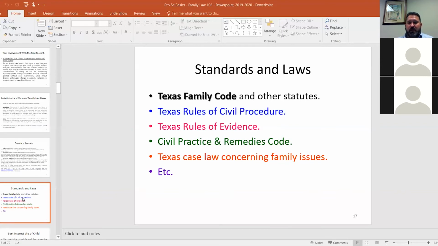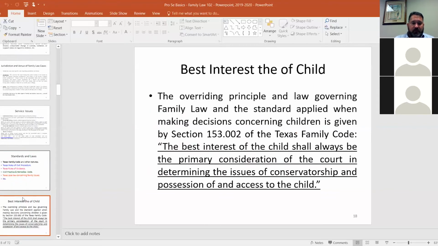The family code discusses termination of parental rights, but the case law sort of puts the meat on the bones for what factors are going to be considered in doing that. So it kind of works in conjunction. You have the straight law in the family code, but then you have the upper courts adding to that, and they can be very important to your case.